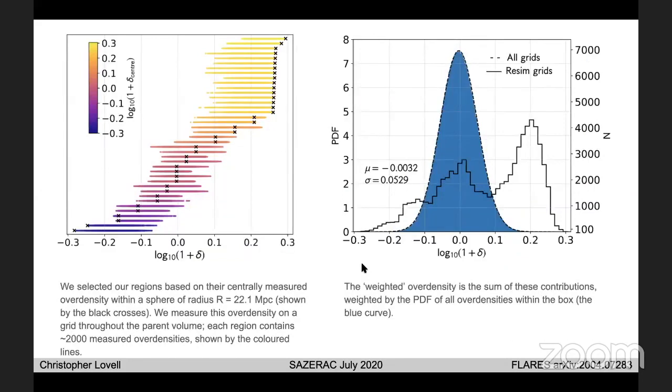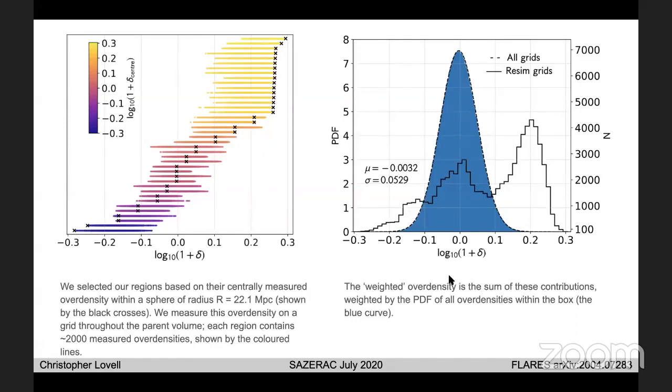So which regions did we select and how do we combine those? We selected a range of different overdensities shown on the left. We measure the overdensity on a very fine grid throughout the 3.2 gigaparsec volume, and then selected those with quite low underdensities in void regions, a number of mean density regions, but with a particular focus on these very overdense extreme environments as well.